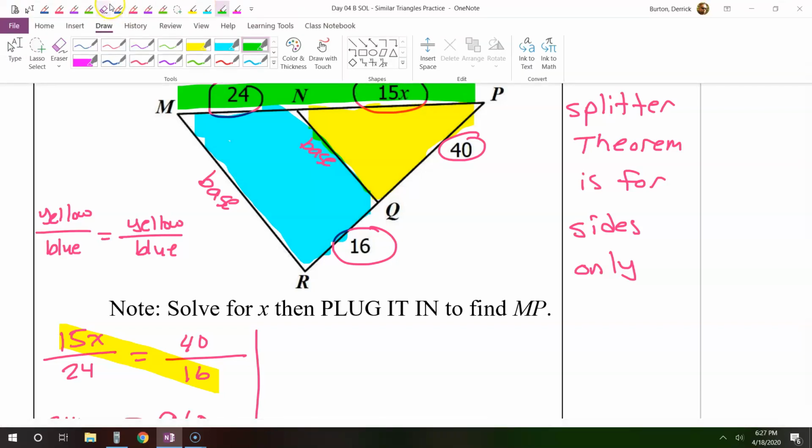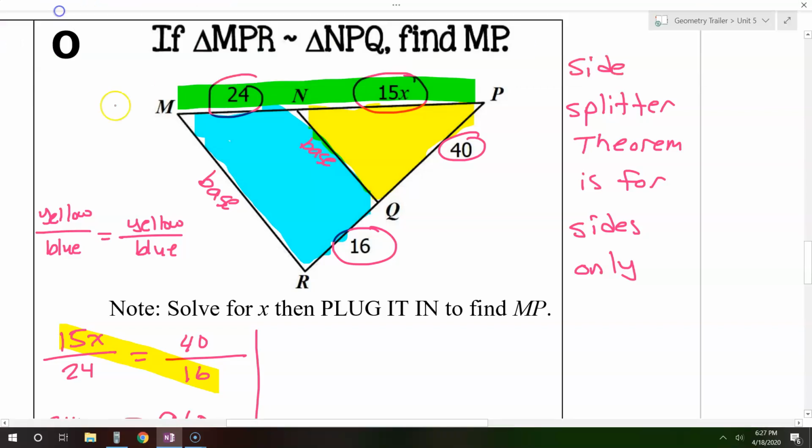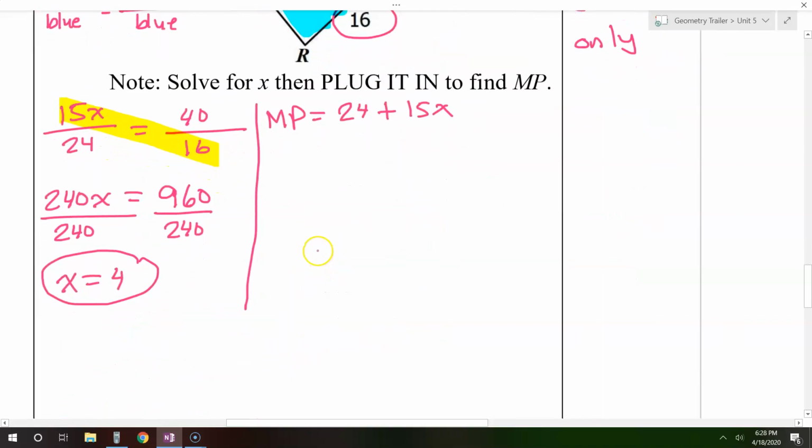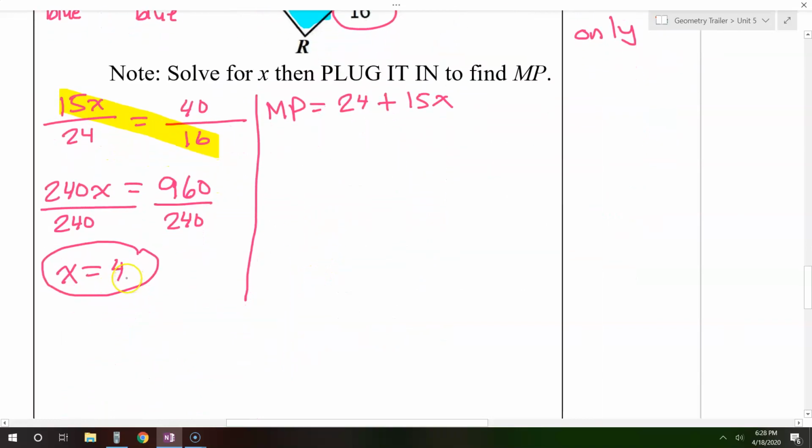All right, so in other words, MP is 24 plus 15x, because MP is the whole way. So now that we know that x is 4, that means that MP is going to be 24 plus 15 times 4.